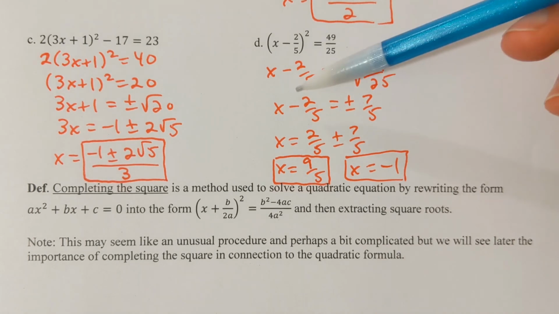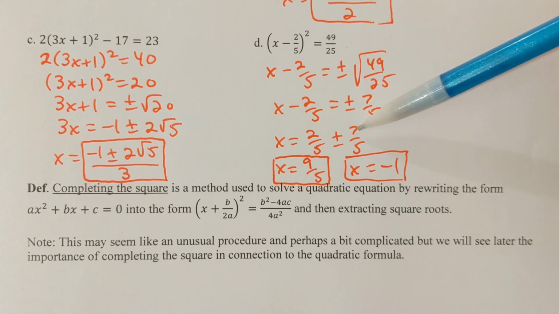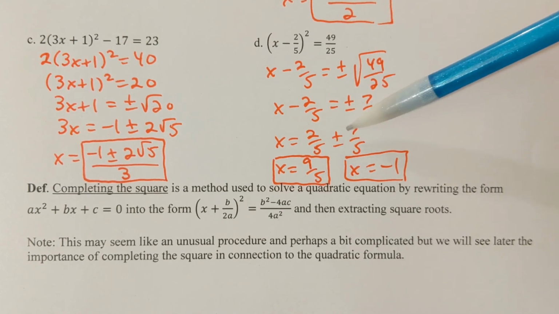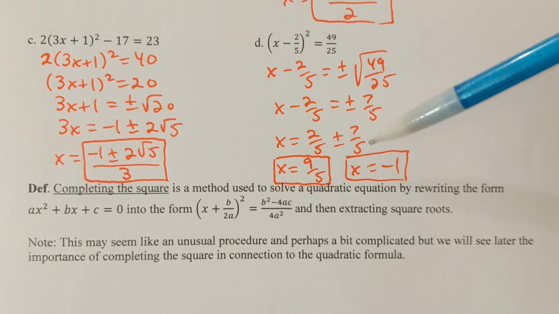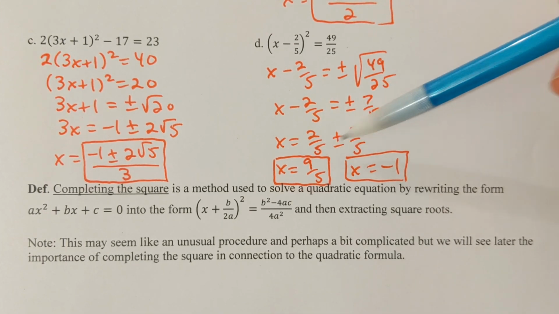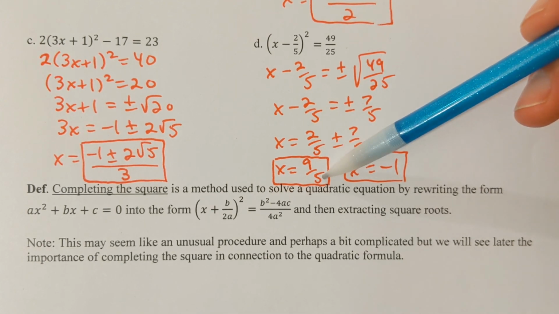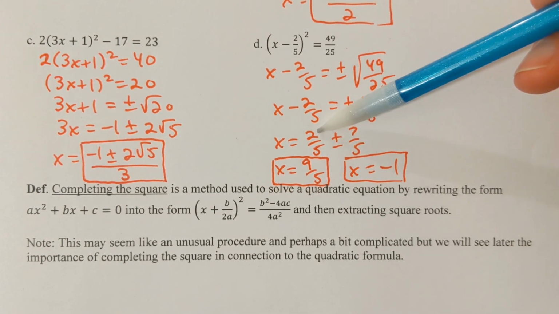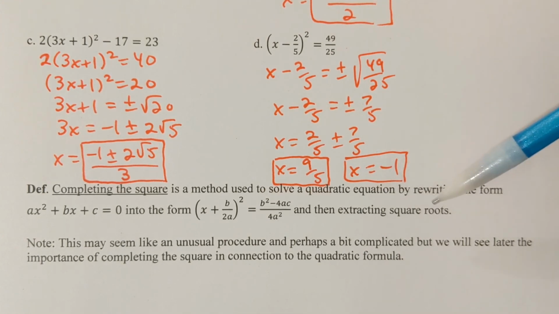So why don't I add 2/5 now to both sides? 2/5 plus or minus 7/5. My common denominator is 5. So 2/5 plus 7/5 would be 9/5, that'd be one answer. And then 2/5 minus 7/5 would be negative 5 over 5, which is negative 1. That'd be the other answer.